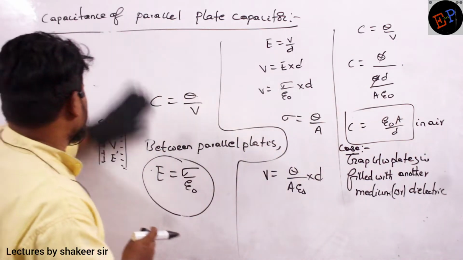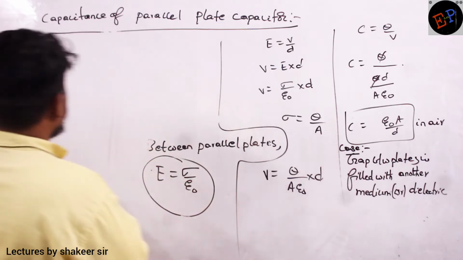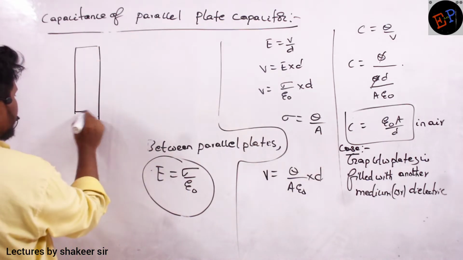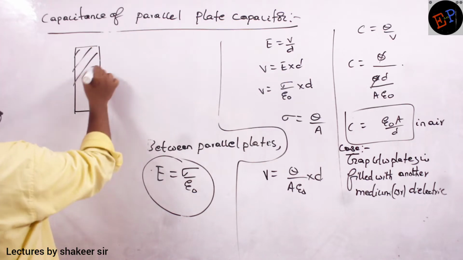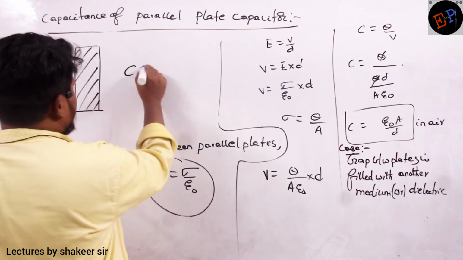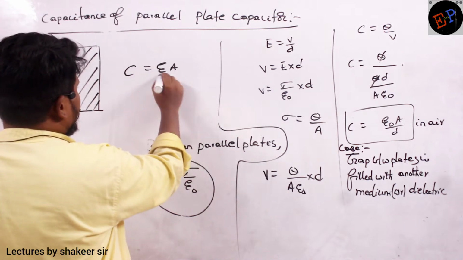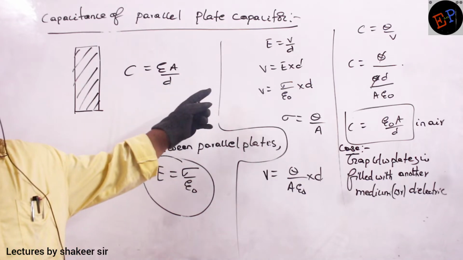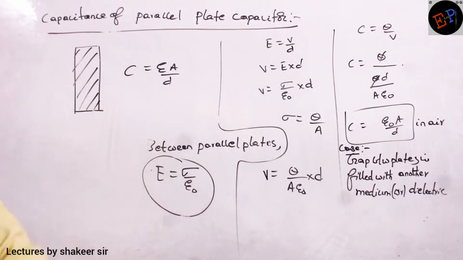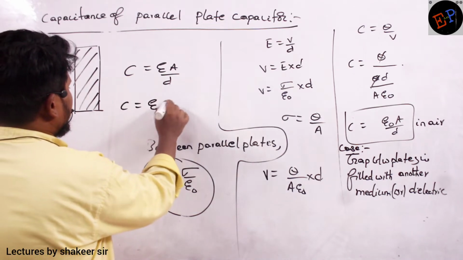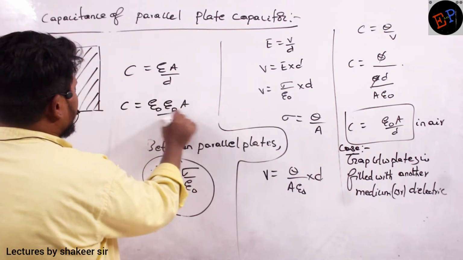If this is a capacitor, plates of capacitor, and I am filling these plates completely with some medium, then in this condition what is the capacitance? Epsilon A by d, where epsilon is the permittivity of that particular medium. Or you can write capacitance is equal to epsilon naught epsilon R A divided by d.